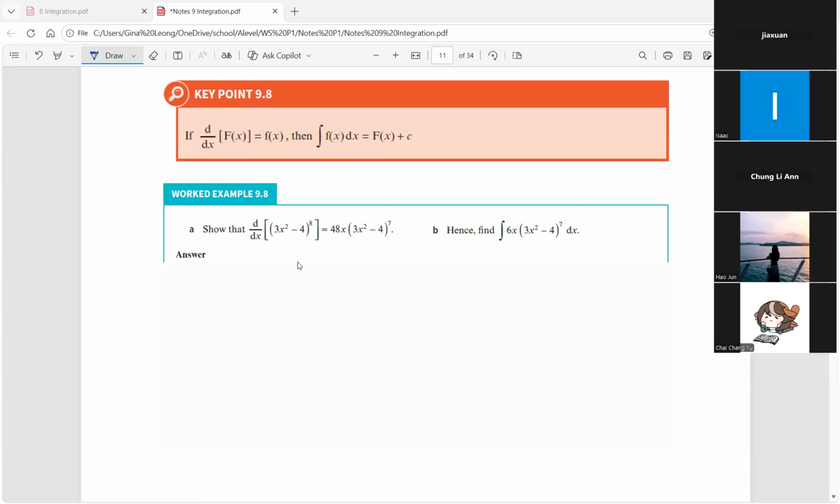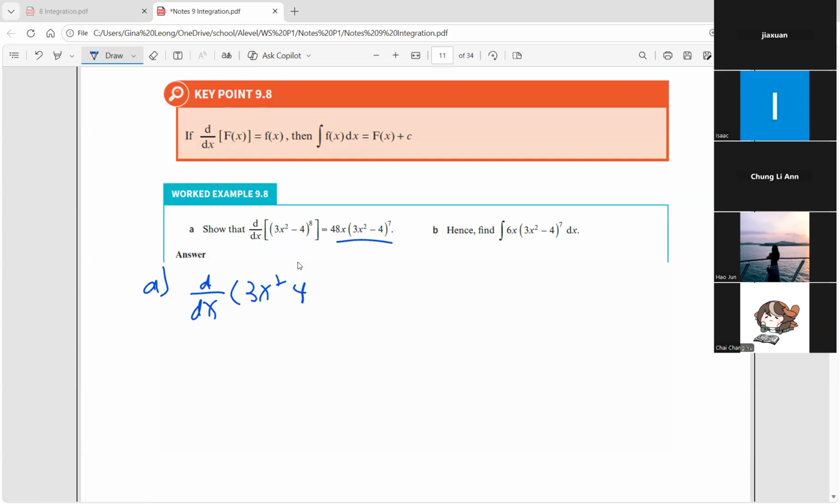We do the differentiation first, I mean the dy dx. I ask you to do the dy dx so that you show this one up. So this one, dy dx of (3x squared minus 4) power 8.